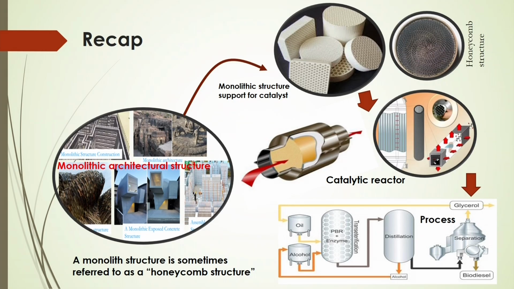Now, before going to that, we have to recall again what that monolithic structure is. From the concept of architectural structure of the ancient age, the concept is converted to the present chemical engineering process by developing different monolithic structures, to utilize them for process intensification in chemical engineering processes.